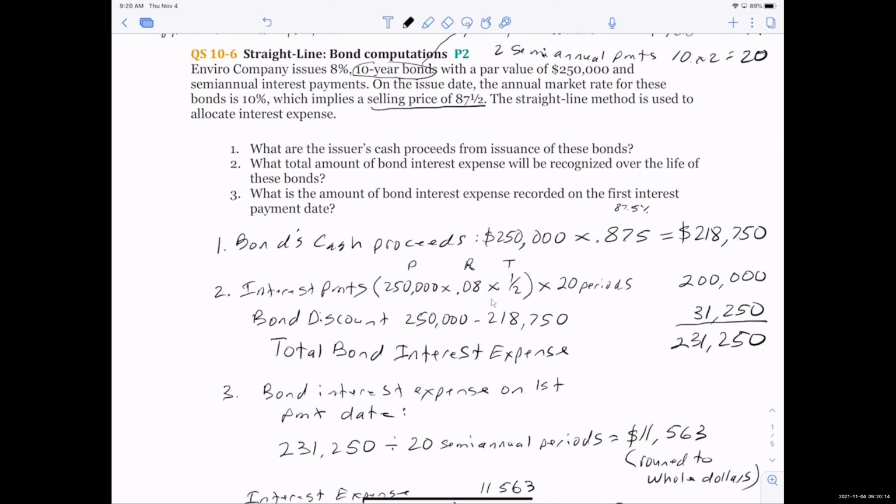Now, why 1/2? Because if you notice here, we're going to have semi-annual interest payments, right? So that's every 6 months, every half of a year. So that's why the time is 1/2. Now, you say, well, where did you get, 20?